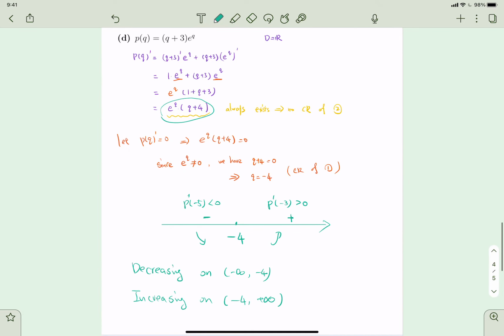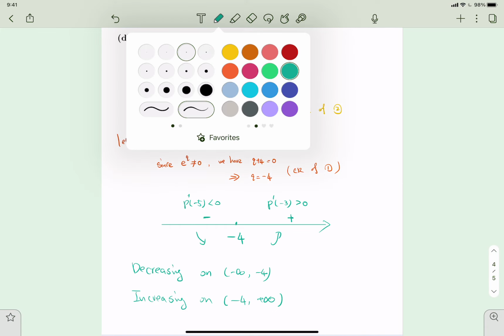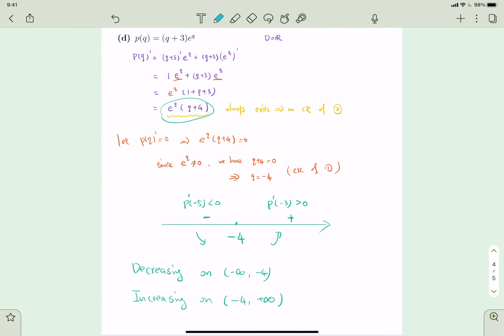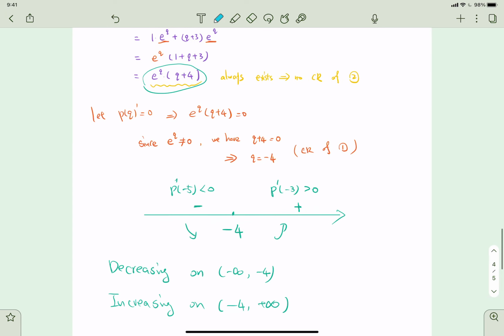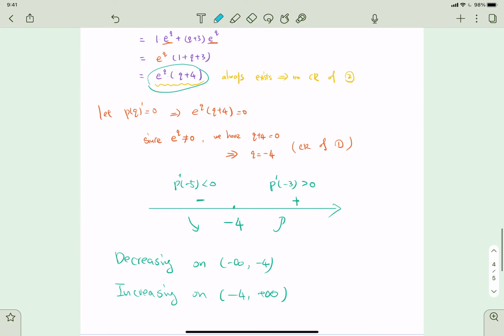You see that the difficulty here is to find the derivative by using the product rule and also do the factorization. And also notice here, a product equal to 0 implies that either of them is equal to 0. But the exponential function cannot be 0. So it forces the other factor, Q plus 4, to be equal to 0.